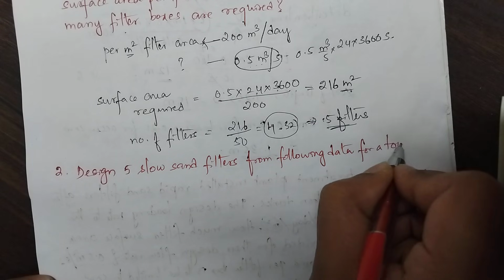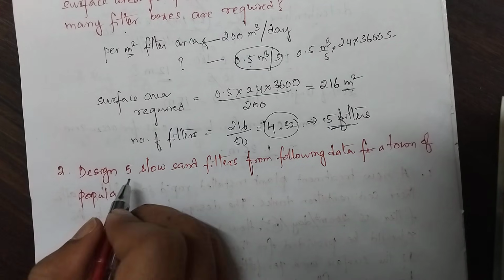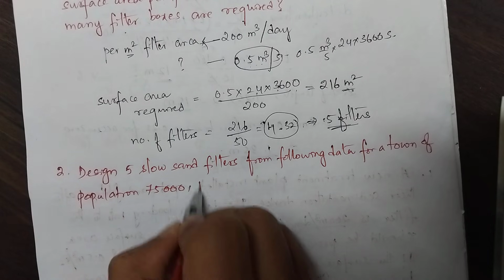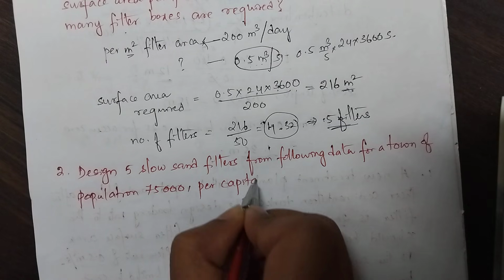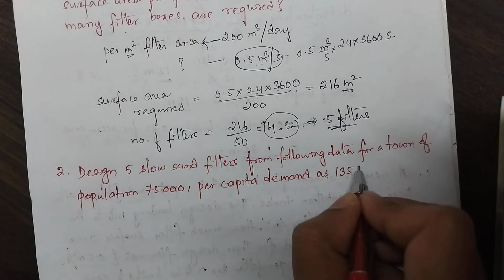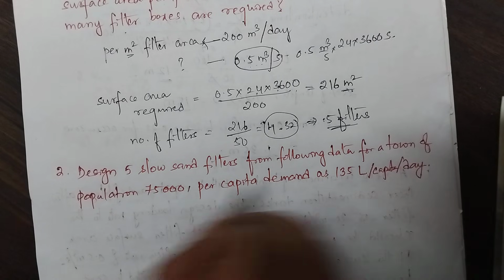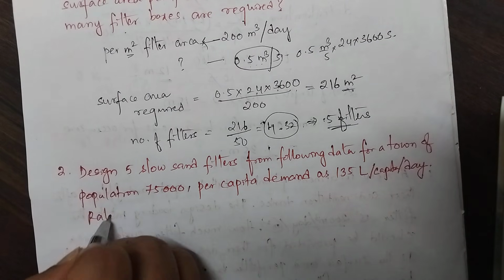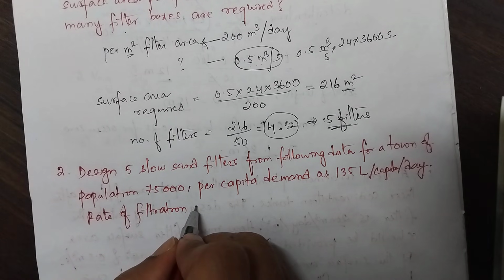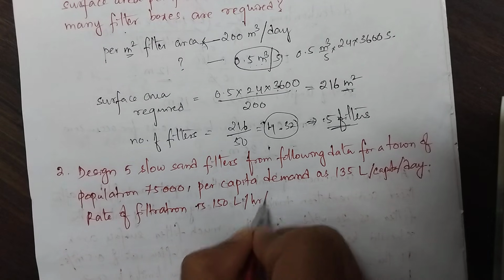For a town of population 75,000, per capita demand as 135 liters per capita per day. Rate of filtration is 150 liters per hour per meter square.